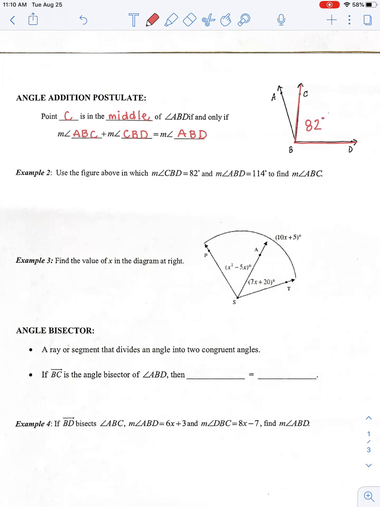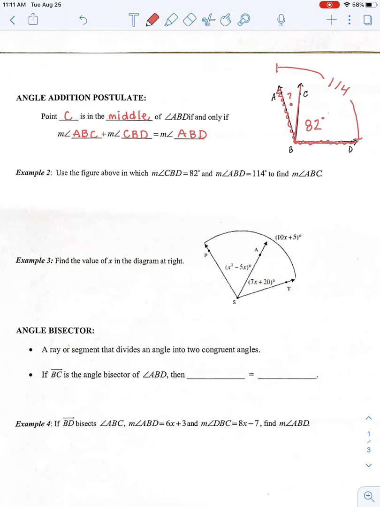So that's an acute angle. The whole big angle, how I show the whole big angle, I go on the outside here, the whole angle is 114. They want us to find the measurement of ABC. We're trying to find that.